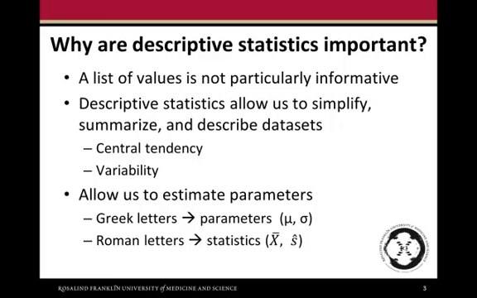So for example, for the mean here we would have x bar, and an estimate of the standard deviation would be s hat. And note, this will come back later, but the equations that we use to calculate parameters versus statistics can actually vary a little bit, and they're calculated differently.